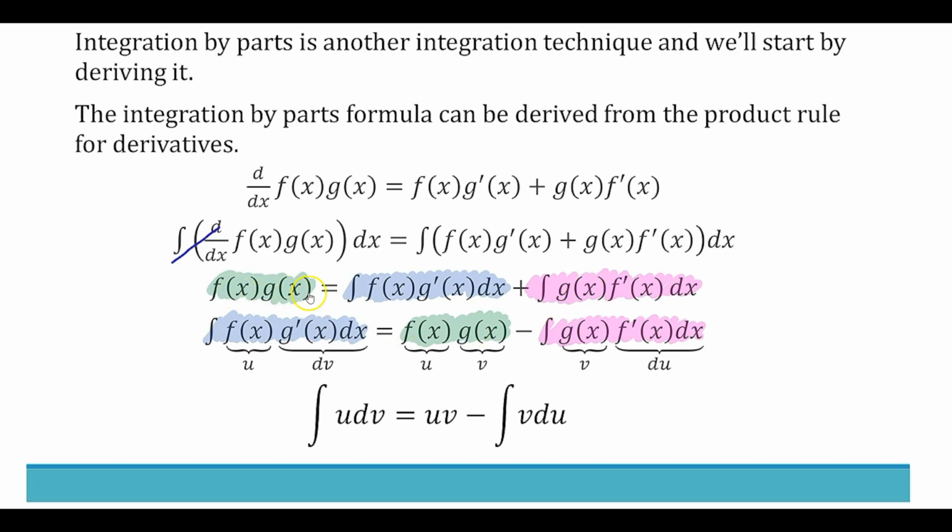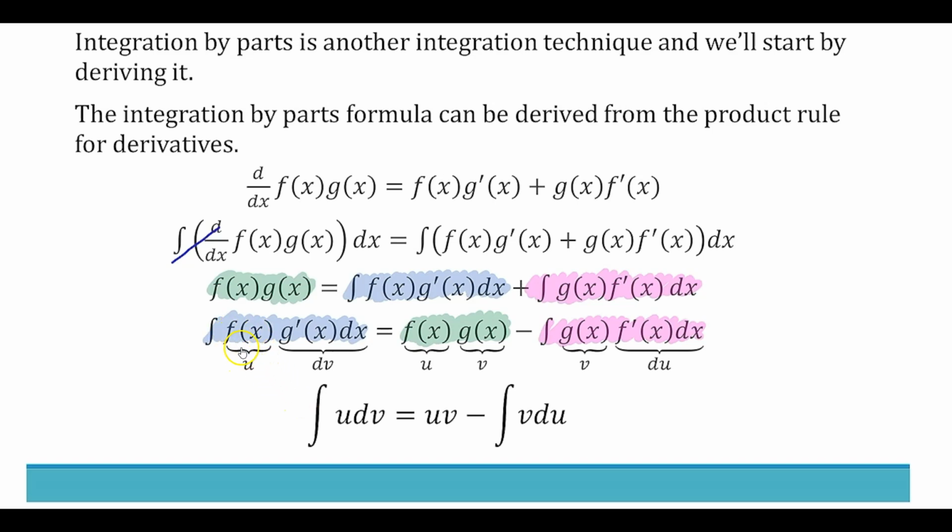So f times g minus the integral of g of x times f prime of x is on one side, and then the integral of f of x times g prime of x stays on the other side. So here we have the integration by parts formula, but we recognize it using different variables.